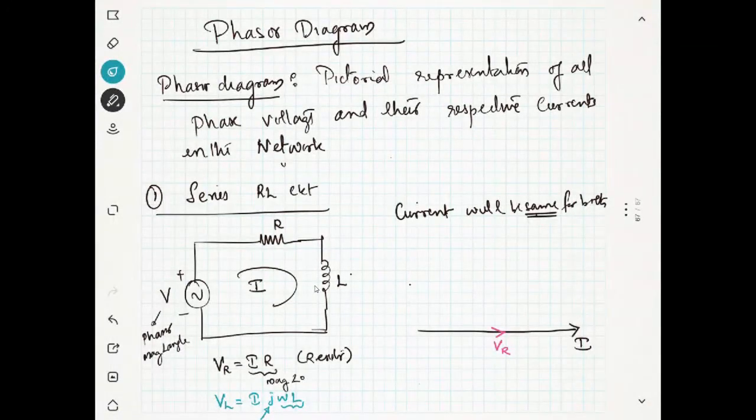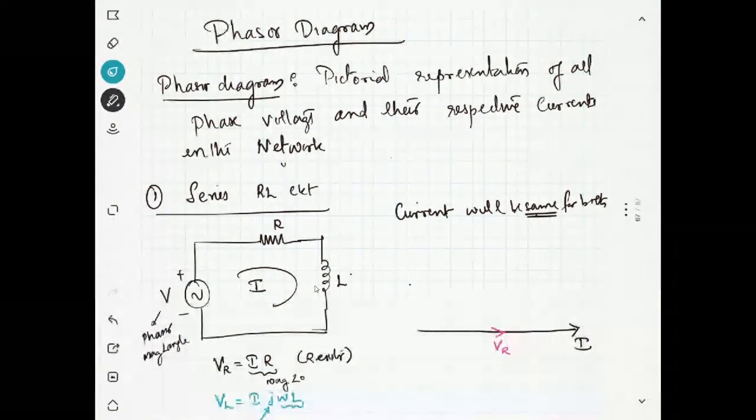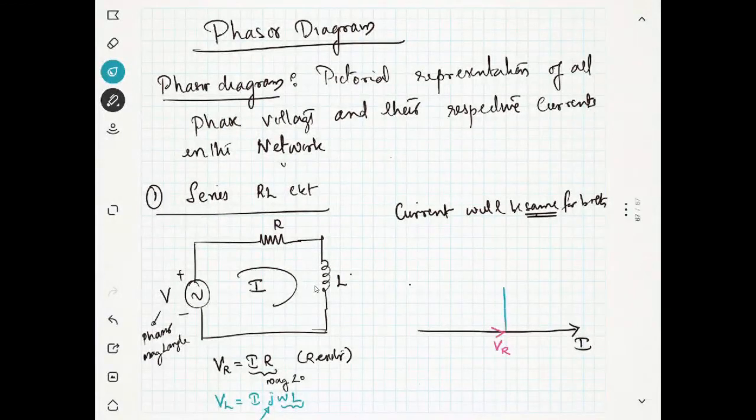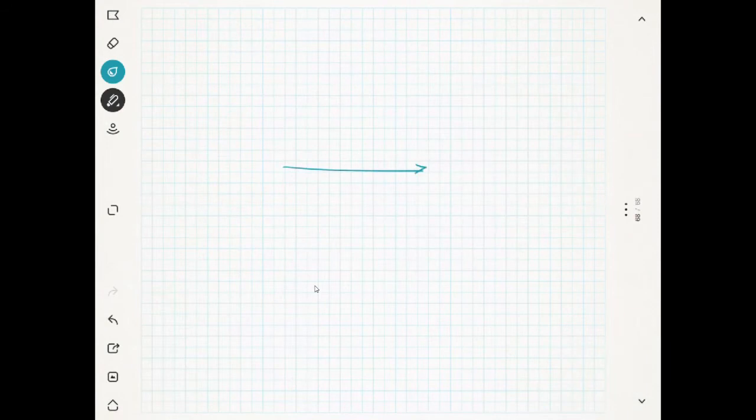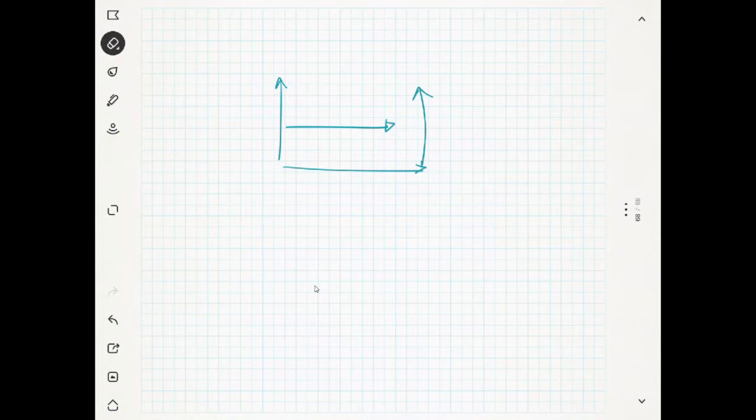So I will draw from here because it doesn't make any difference to draw from this point or this point, because I can shift the vectors. You might have studied this in high school. We can shift the vectors.